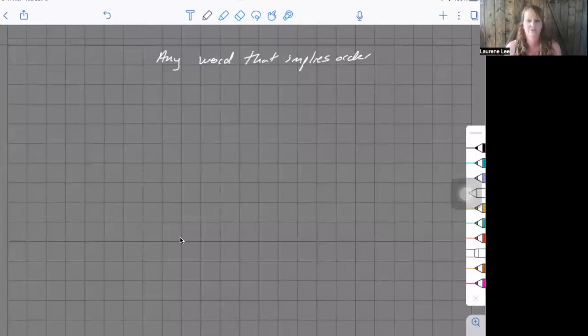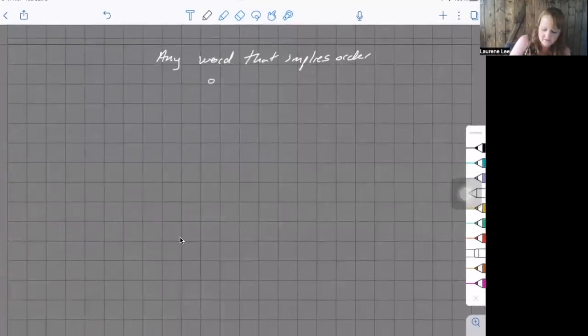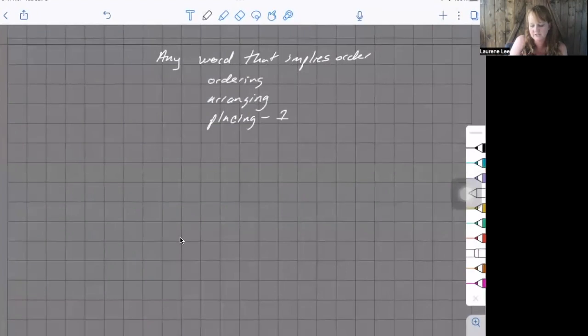That's a permutation. So anytime we're ordering, we're arranging. Arranging is a word that implies that order matters. Anytime there's a placing involved, like first, second, third.